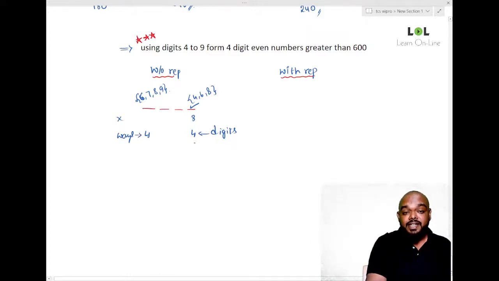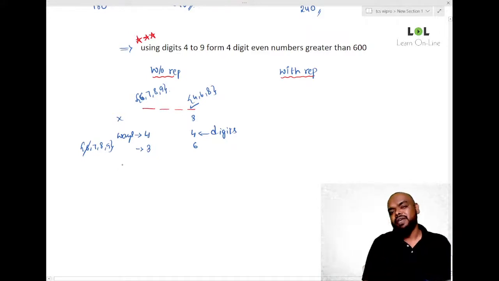If I use a digit 6 here, I can't use a 6 anymore here. So I can fill it in only 3 ways. Observe carefully. But do we know which digit we are using exactly in the units place, 4 or 6? We do not know.